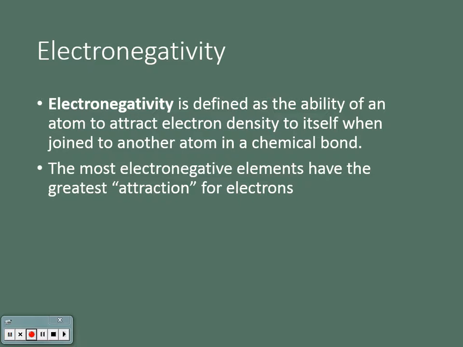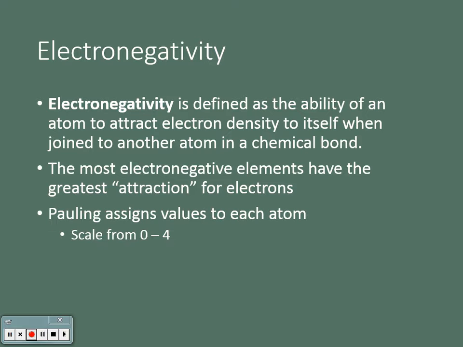There are some size factors that go into it and everything else, and a scientist named Linus Pauling took all of those factors that affect how much an atom wants to gain electrons, ranked them, and assigned atoms a value from 0 to 4, with 4 being the highest electronegativity and 0 being the lowest electronegativity.